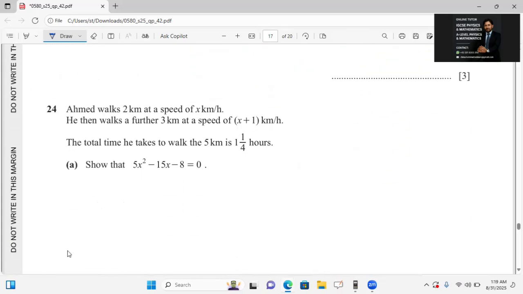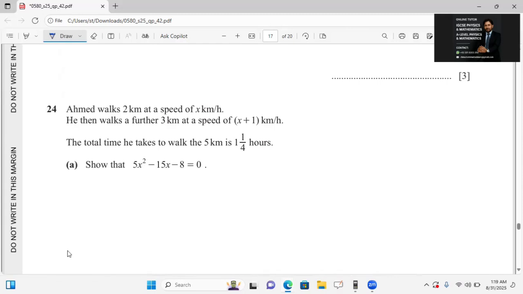Ahmed walks 2 kilometers at a speed of x kilometers per hour. He then walks a further 3 kilometers at x plus 1 kilometers per hour. The total time he takes to walk 5 kilometers is 1.25 hours. 5 kilometers in 1.25 hours, 2 kilometers at the speed of x.